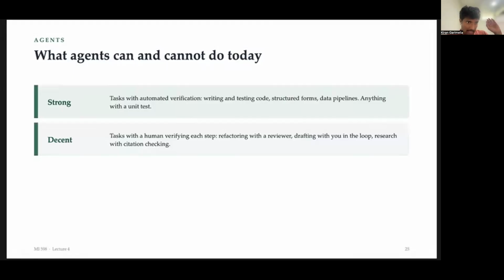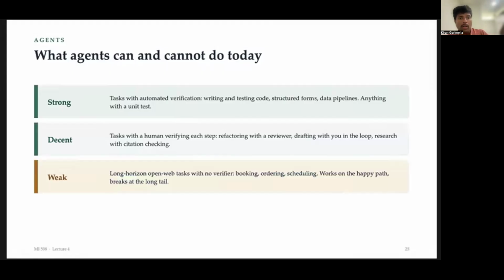They are also decent at refactoring a piece of code, and drafting with the human in the loop, where you tell it, this is right, this is wrong. Research with citation checking, grounding in some sort of knowledge base. Long horizon open web tasks are not a solved problem yet.